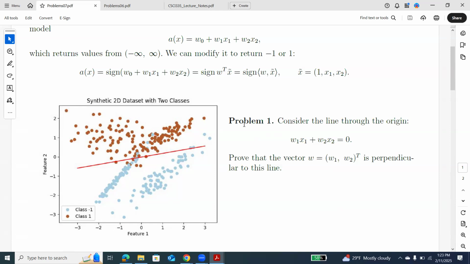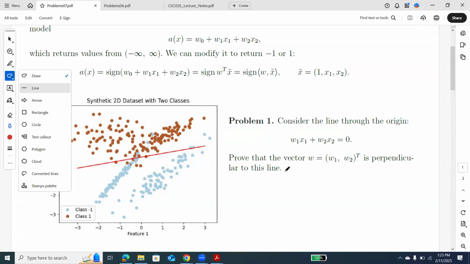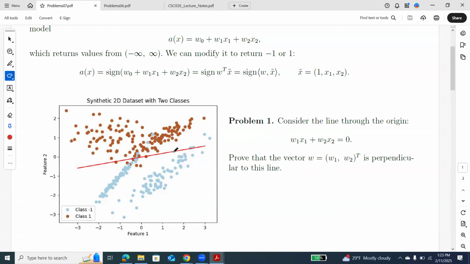So if we have the line that goes through the origin, so I don't have a bias, then if I take a point on this line, let's say here is the origin, the point on this line will have coordinates x1, x2, and I denote this as a vector from origin with coordinates 0, 0 to x1, x2.